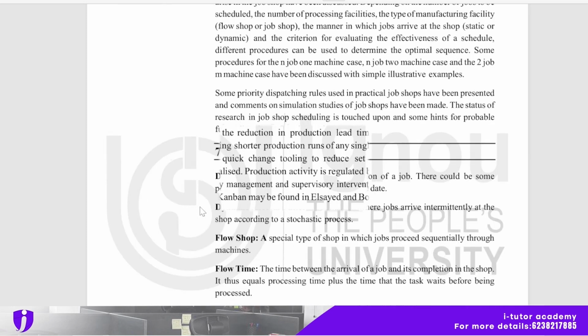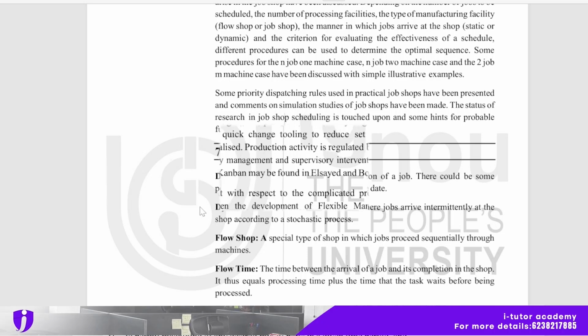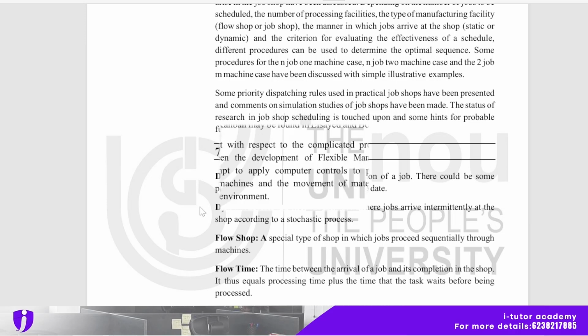Some priority dispatching rules used in practical job shops have been presented, and comments on simulation studies of job shops have been made. The status of research in job shop scheduling is touched upon, and some hints for probable future direction of work are given.